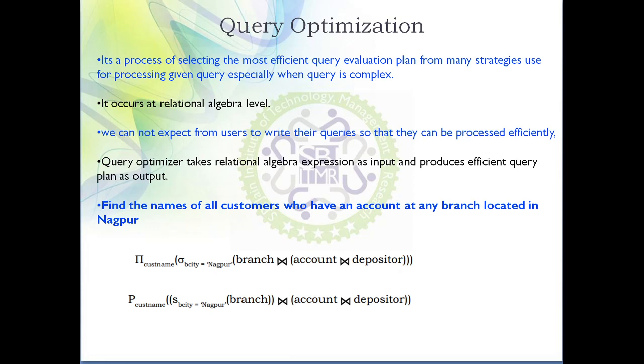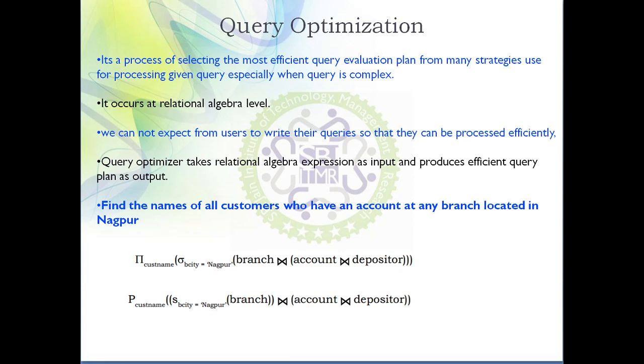If the user is totally new, a fresher, just a beginner in SQL, you cannot expect that user to write an optimized query. In that case, your system is responsible for optimizing the query, meaning finding the most efficient query plan. The query optimizer takes a relational algebra expression as input and produces an efficient query plan.